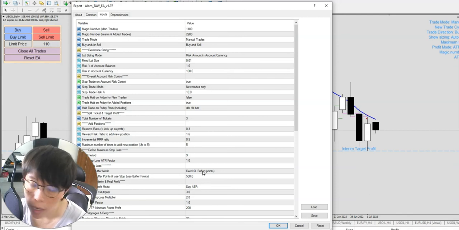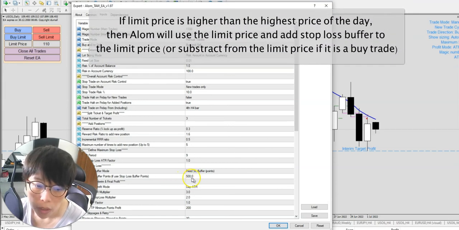By putting an ATR stop loss, the trade can't get through. But if you put a fixed SL buffer, that means from the highest high of that day, we will calculate in a stop loss buffer.